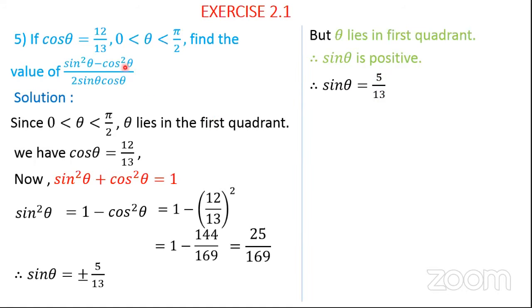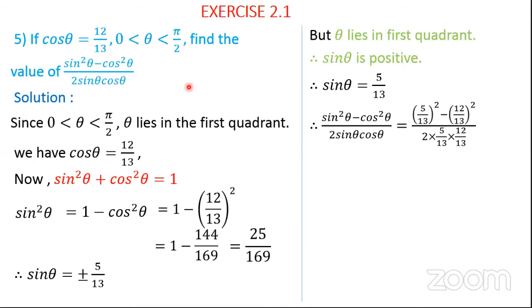Now we have both the values of sine theta and cos theta, so we can easily find the value of the given expression. So (sine square theta minus cos square theta) upon 2 sine theta cos theta is equal to ((sine theta, that is 5 by 13) square minus (cos theta, that is 12 by 13) square) divided by 2 into sine theta 5 by 13 into cos theta 12 by 13.